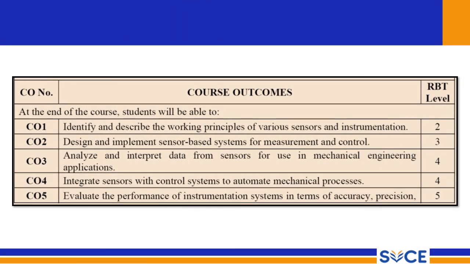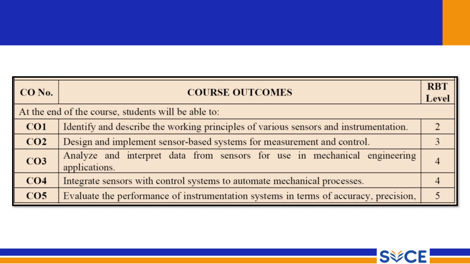And course outcomes. So this is from the objectives we have seen at the beginning. Once you complete the syllabus, you are supposed to acquire these outcomes. You are supposed to satisfy these outcomes. Identify and describe the working principles of various sensors and instrumentation. Design and implement sensor-based systems for measurement and control.